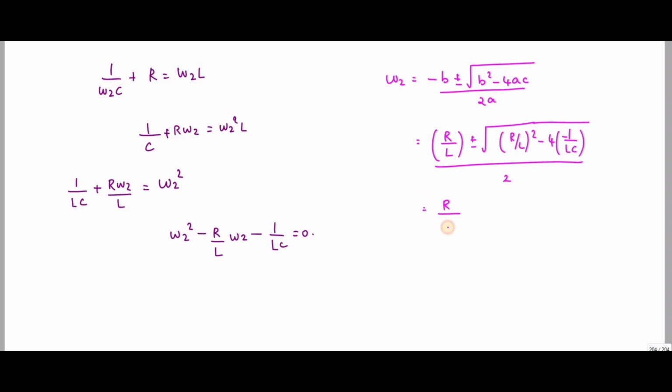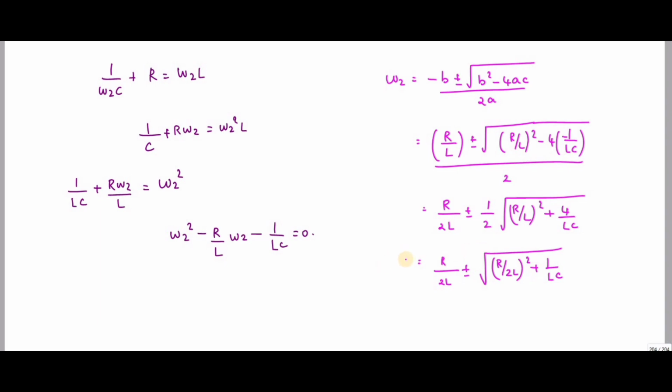So this I can write as R divided by 2L plus or minus root of (R by 2L) whole squared plus 1 divided by LC. This is your omega 2.